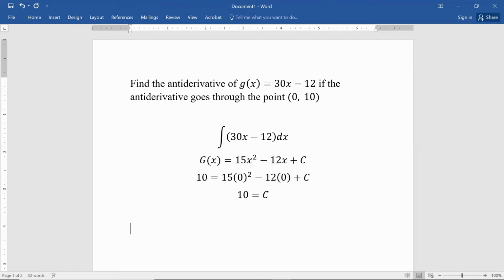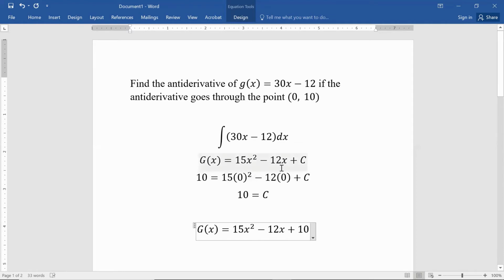That means the antiderivative we were looking for is capital G of x equal to 15x squared minus 12x plus 10. Again, it's nice to plug in the value of 0 into polynomials because many terms go away when we do that.